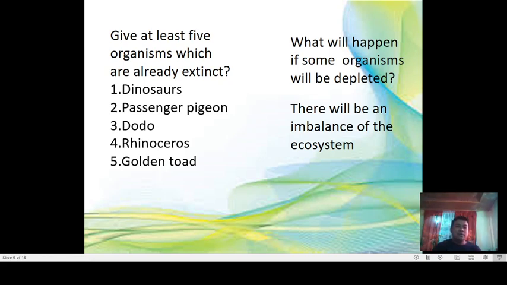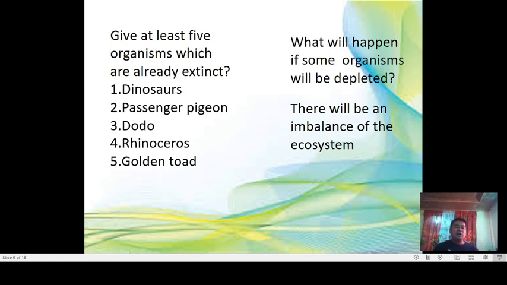You are familiar with dinosaurs, right? How about passenger pigeon? This is a type of bird. How about dodo? This is also a type of bird. It is called a flightless bird because they cannot fly.